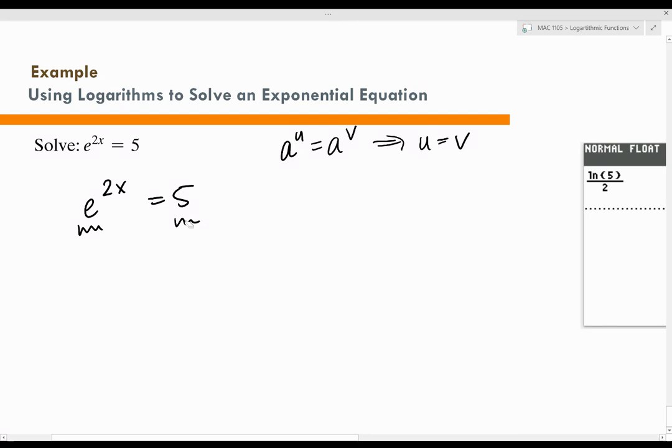Now, what we can do is use the logarithm to help us out. We can take the natural log of both sides of our equation. The reason why this works is that the natural log and e are inverses of each other. The same way if you have x squared equals 6 and you want to undo x to the second power, we take the square root of it.